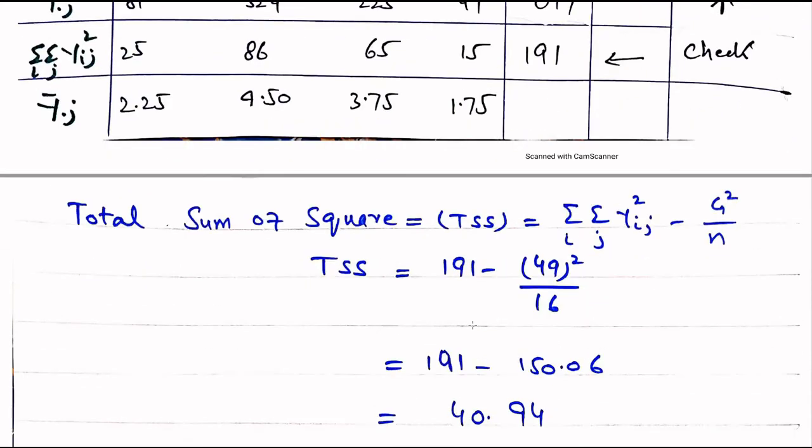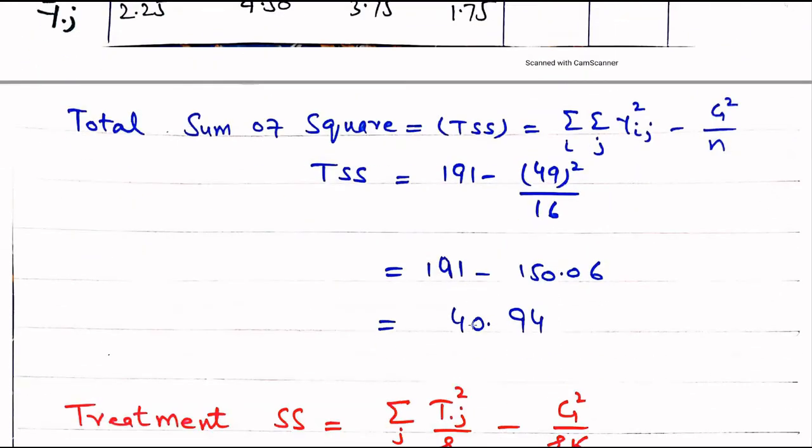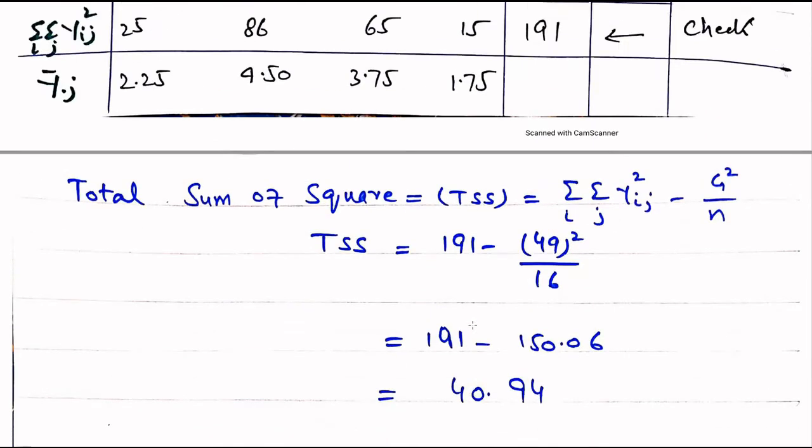Now we move towards our formulas. Correction factor is obtained by grand total square over n. So squaring, 49 square divided by 16, we obtain the correction factor which is 150.06. And next is the total sum of squares, which is abbreviated as TSS, double sum Yij square.